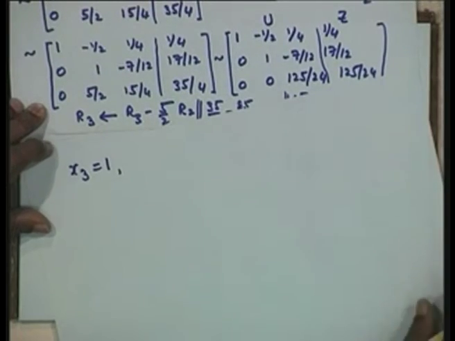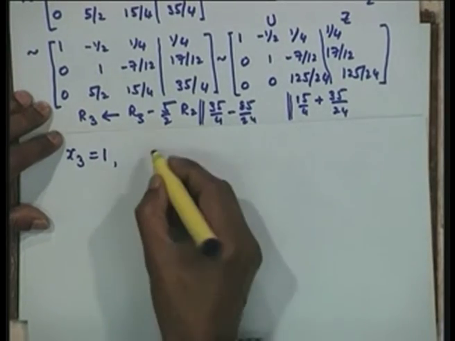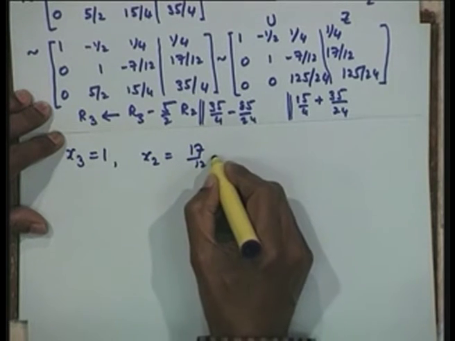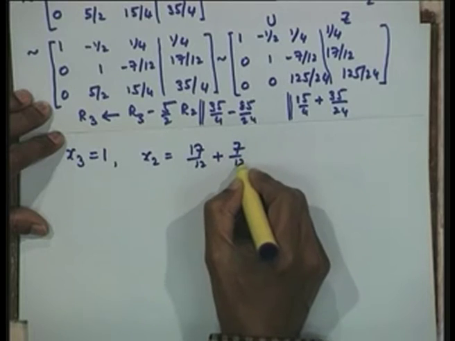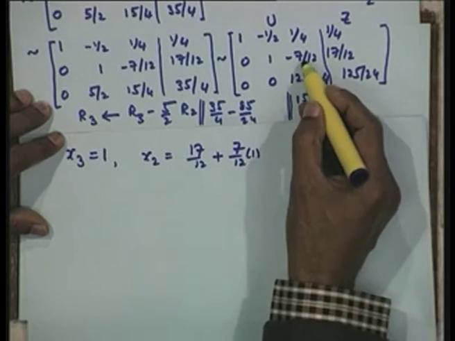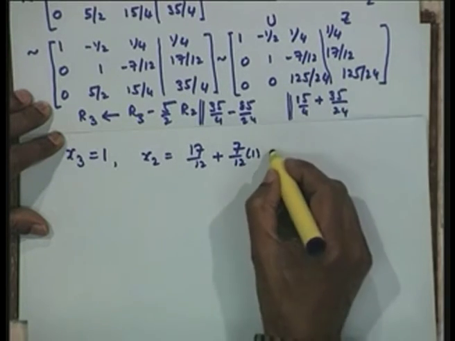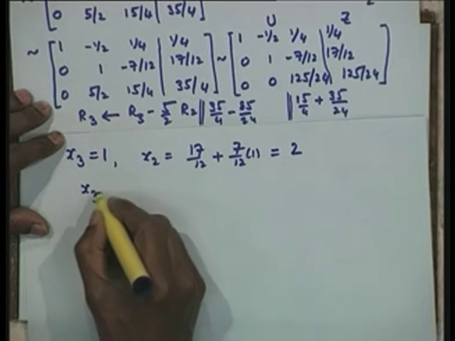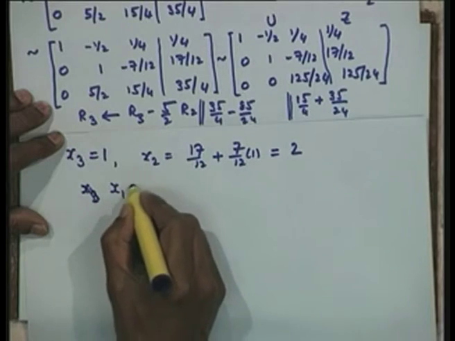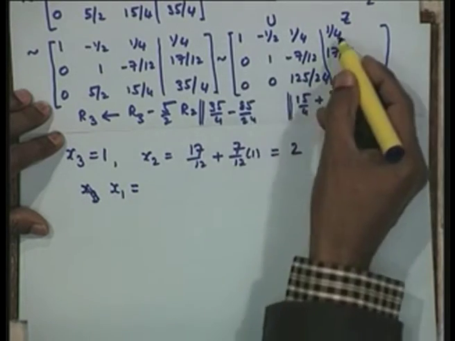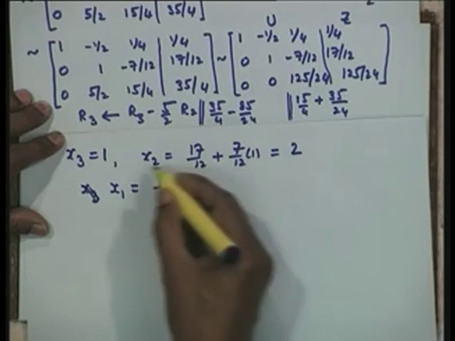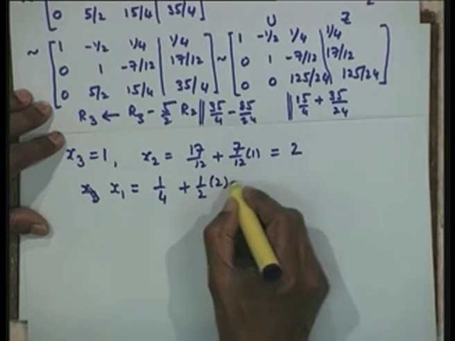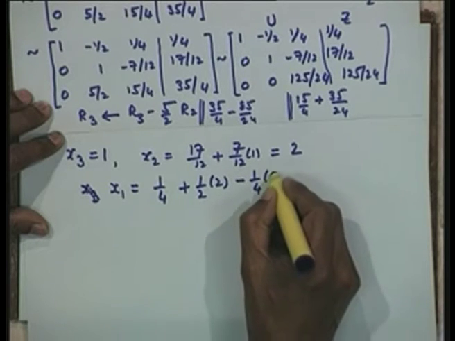So, I will have here x2 is equal to the right hand side 17 by 12 minus 7 by 12 into 1, taking this element to the right hand side, that gives me 2. x1 is coming from here. So, the right hand side is 1 by 4. Now, I am substituting the values. So, take them to the right hand side: half into 2 minus 1 by 4 into 1.